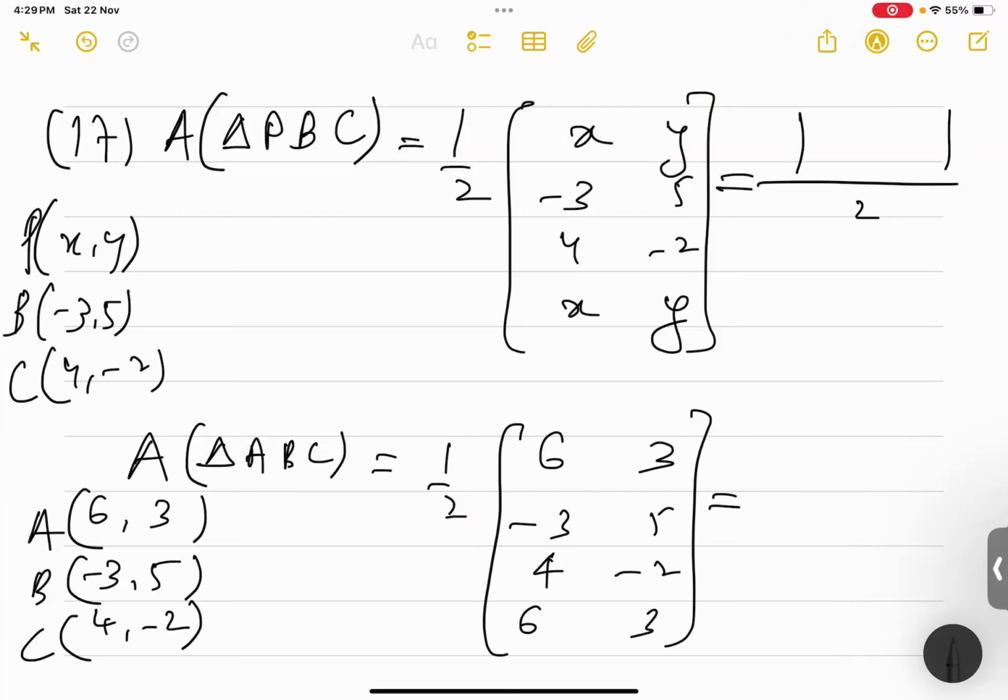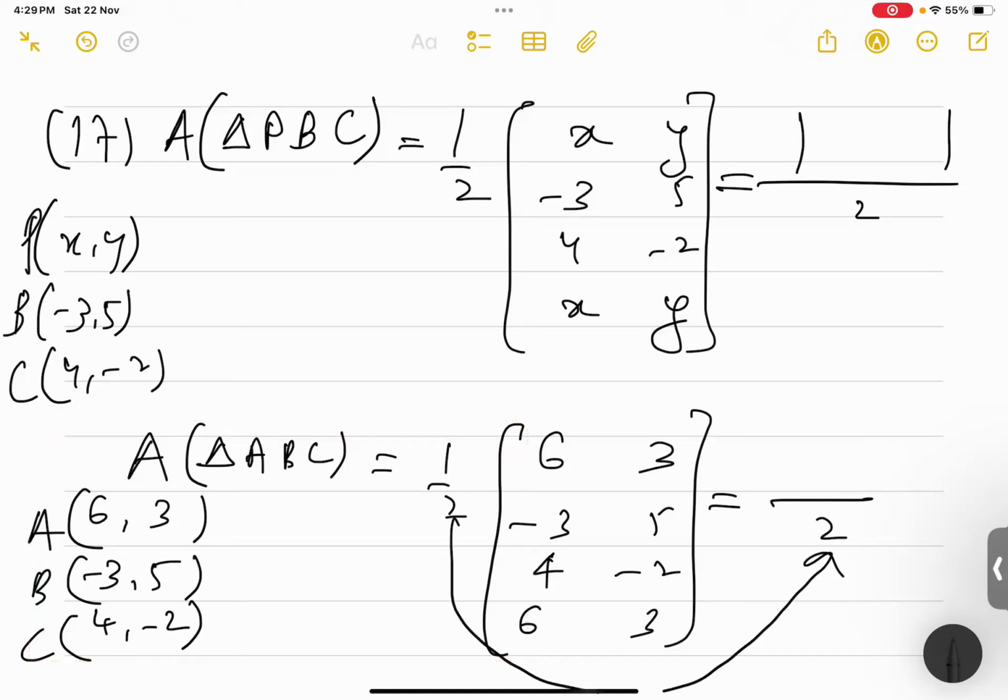Some answer you will get. This time you will get a proper answer because there is no unknown over here. Right? You'll get a proper answer. But then if the area is negative, make it positive. The final answer should be positive.